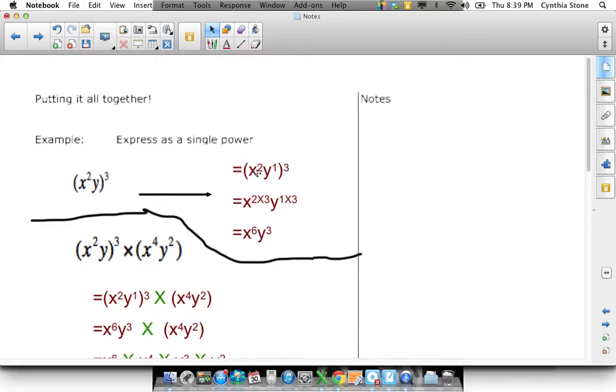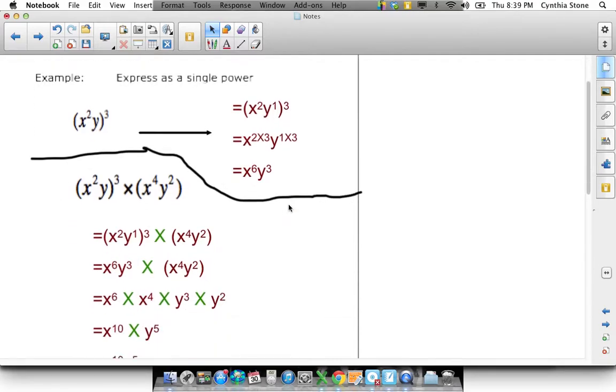You can't make them any more the same thing. So you can distribute the 3 through. So 2 times 3 is 6, right? So that means x to the 6. And y becomes 1 times 3, which is 3. I wanted to say 4 there, which is a common mistake. Okay? So you just keep the x and y and do what you can.